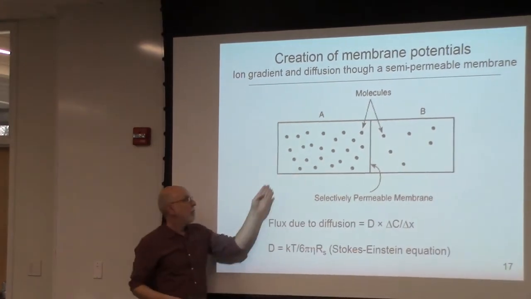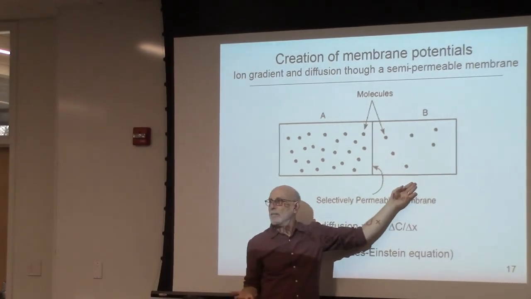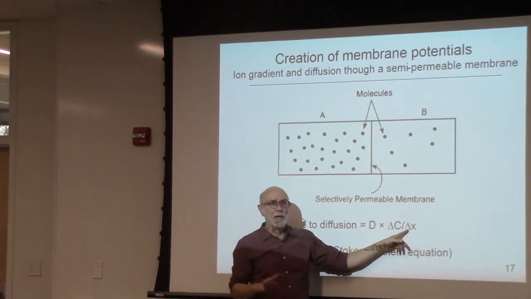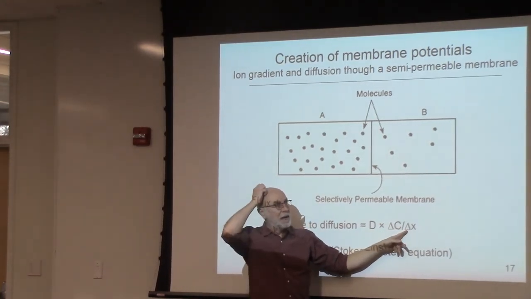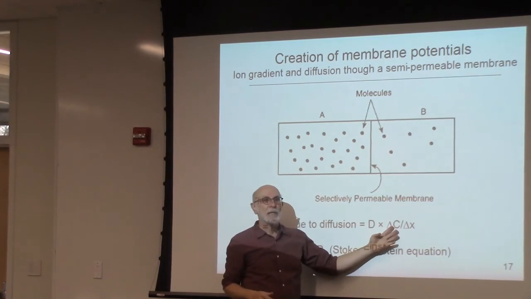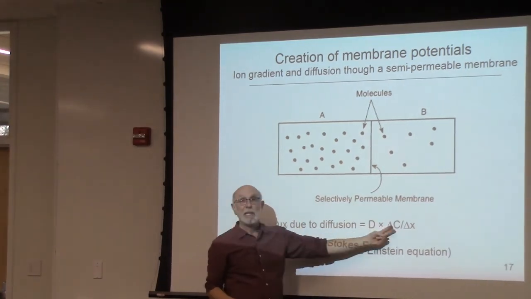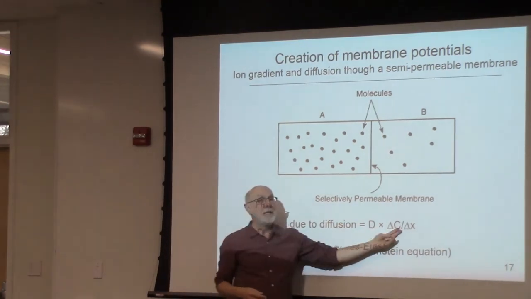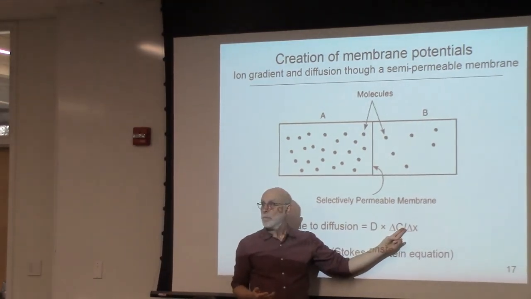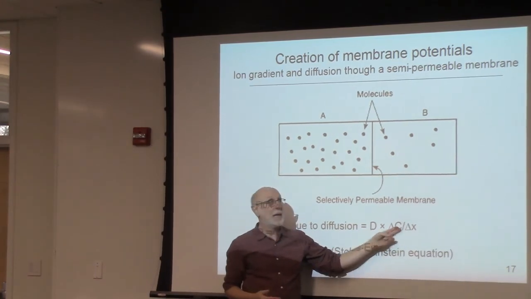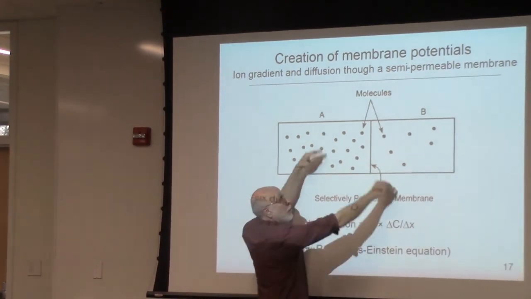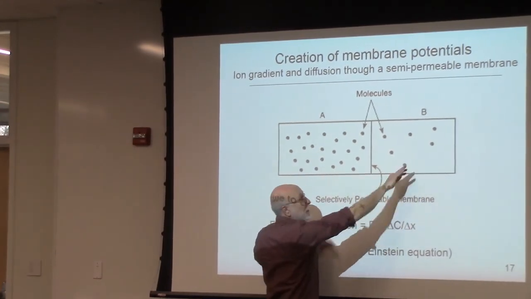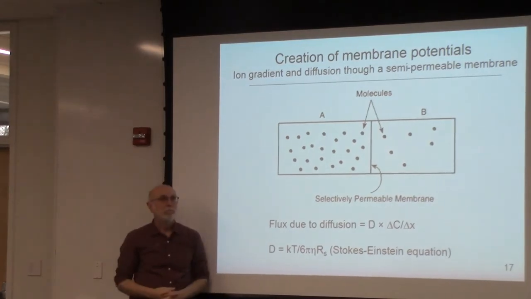The distance from here to here is delta x, a distance. dc/dx, or delta c over delta x, we don't need to do this in calculus. This is the gradient. So let's just unpack this simple biophysical equation. The steeper the gradient, that is to say, the higher the concentration differential in space, the faster the diffusion rate is. That kind of makes sense.